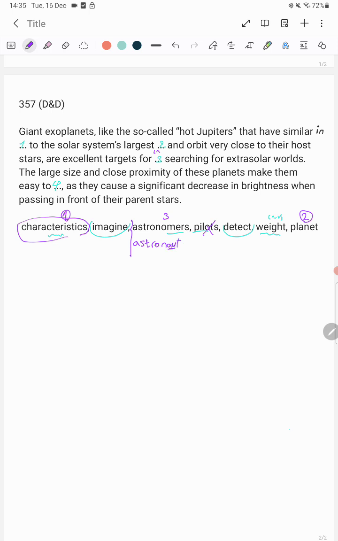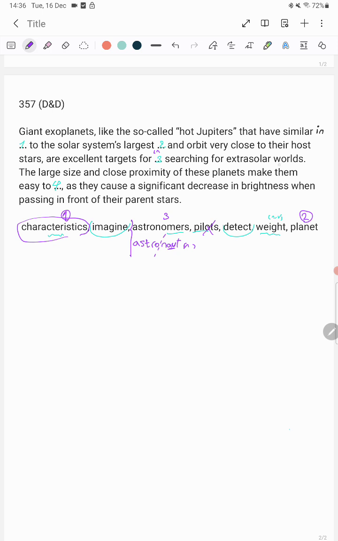Be careful about the astro words. It's very simple. Astronaut is someone who travels or works in a spacecraft. Astronaut is a noun. It's very different from astronomers. Okay, here, astronomers.